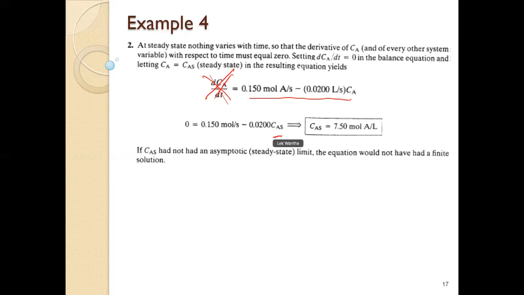You can solve for CA directly. The steady-state CA is 7.5 moles per liter. This is the concentration at steady state.